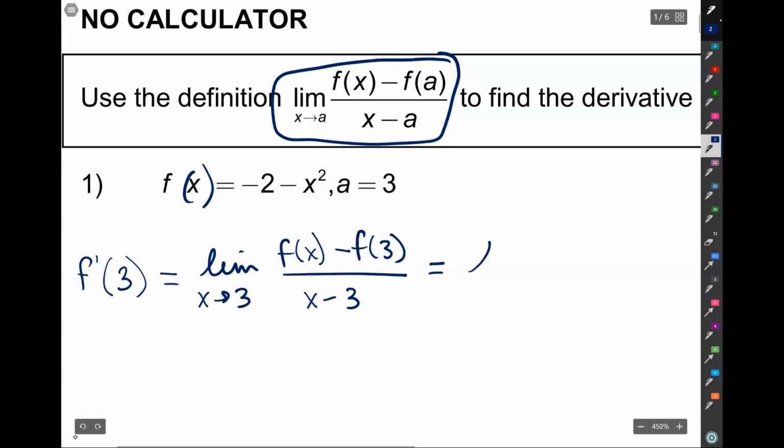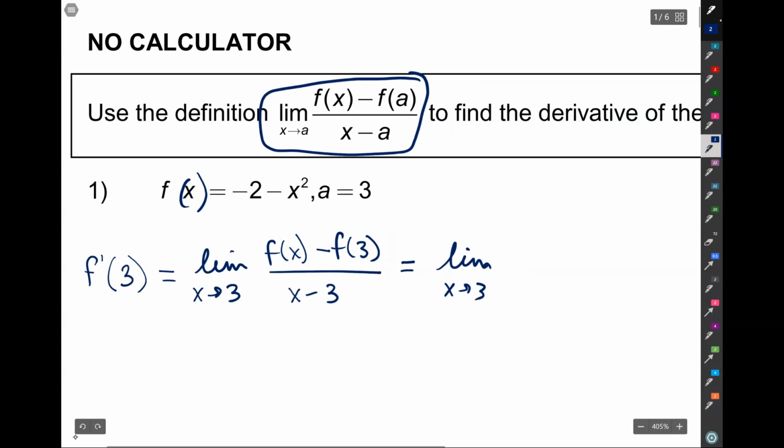All right, so this is the same thing as the limit as x approaches 3. Let's see, f of x, so that's just going to be negative 2 minus x squared. There were multiple people who missed points on the quiz because they forgot to have parentheses, which are grouping symbols, to make sure you distribute the negative.